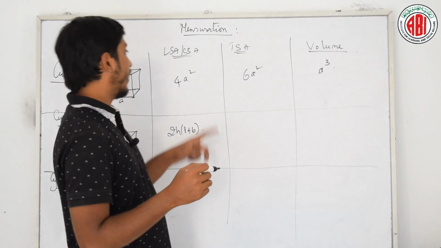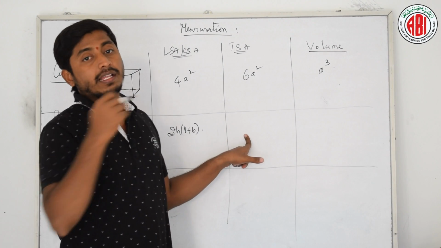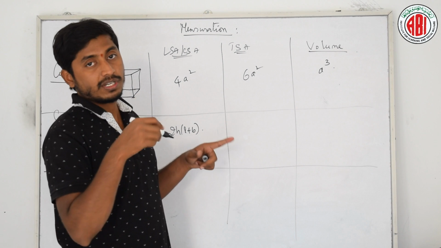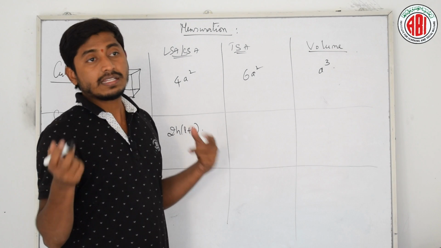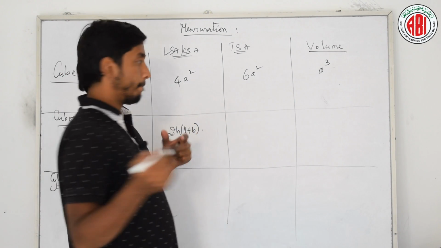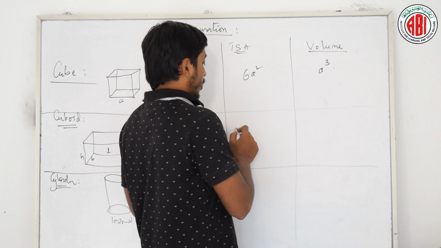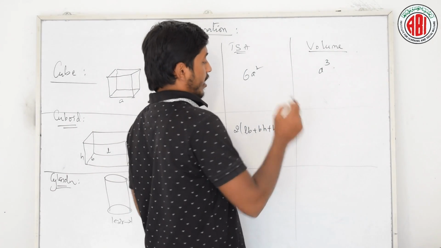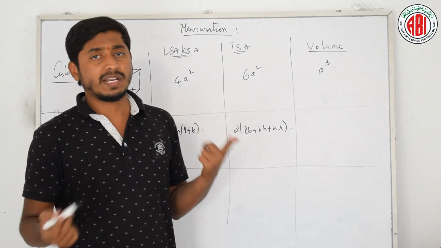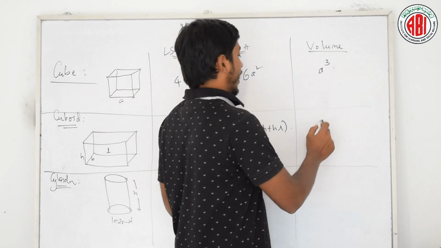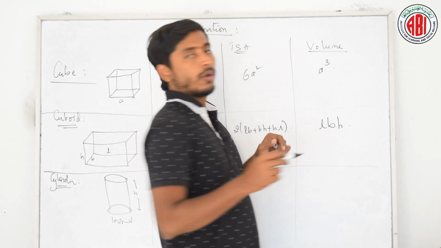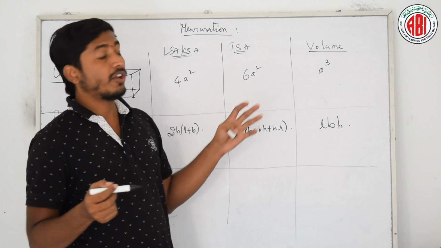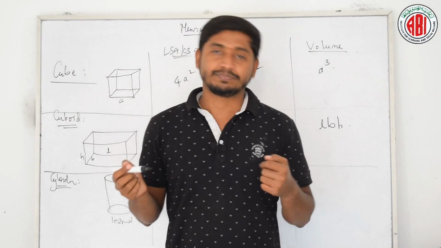TSA is, we have to find the area of all 6 sides. If one side is lb, one more is hb, and obviously the third one is bl, that will be 2 into lb plus bh plus hl. What about volume? We have to multiply the 3 dimensions, that is lbh. These are the values for LSA, TSA and volume of a cuboid.